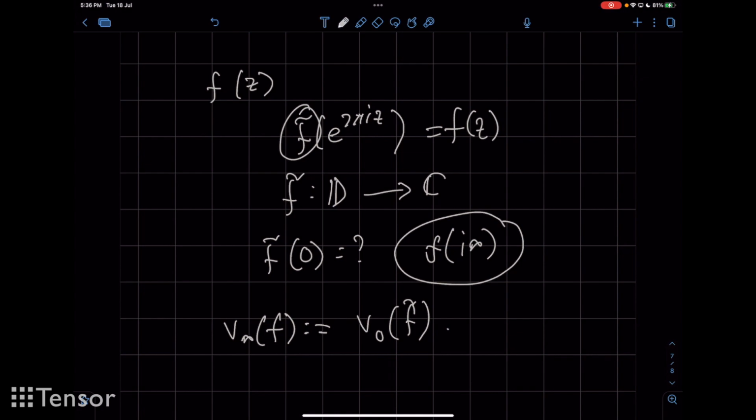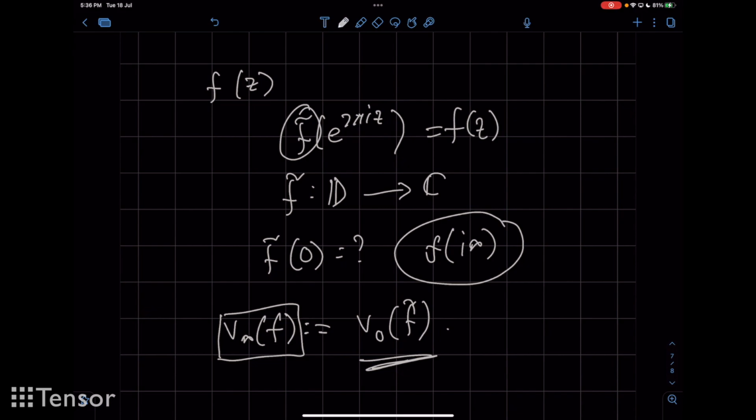So f tilde is a holomorphic function defined on the unit disk, well, the unit disk except the origin maybe. If f tilde has a pole at the origin, we can compute the order of the pole at 0 of f tilde, and the value we get is defined as this v infinity of f.